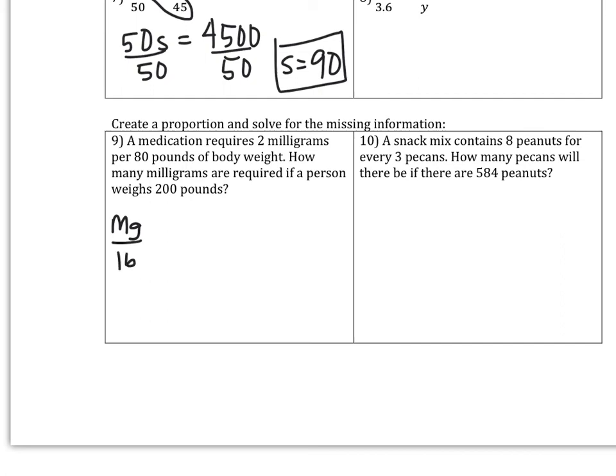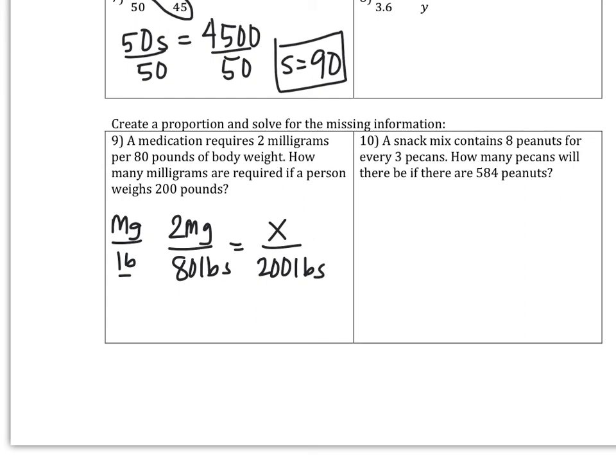So I'm starting with 2 milligrams and 80 pounds, and that needs to equal how many milligrams. This is what we don't know, the milligrams required if a person weighs 200 pounds, because the pounds we're putting on the bottom.